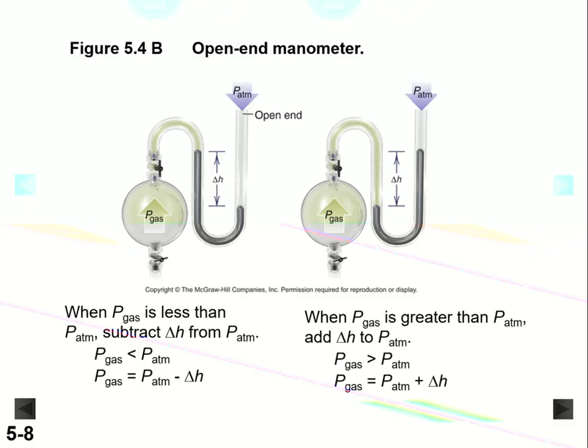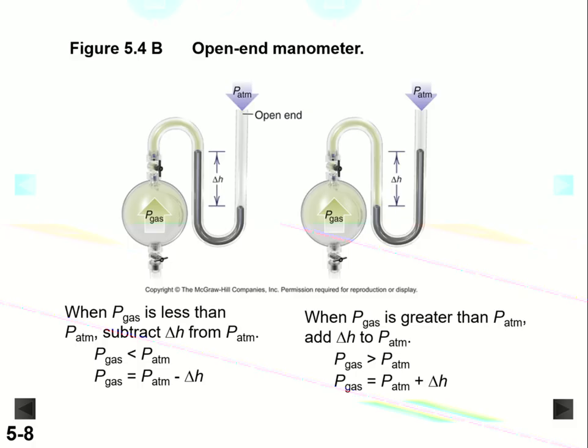Now, if you end up removing gas from your vessel, then delta H would be on the left-hand side, where the column closest to your reaction vessel is higher up, and that delta H value gives you your pressure differential. In this example, the pressure of the gas inside the container is the atmospheric pressure minus delta H, that is, the column height in millimeters of mercury.